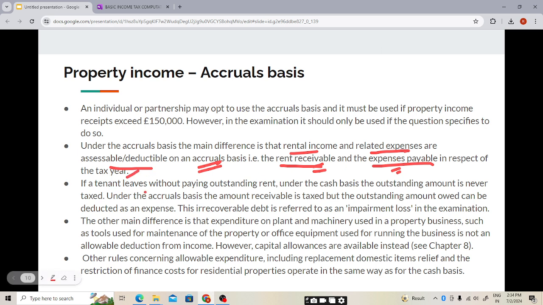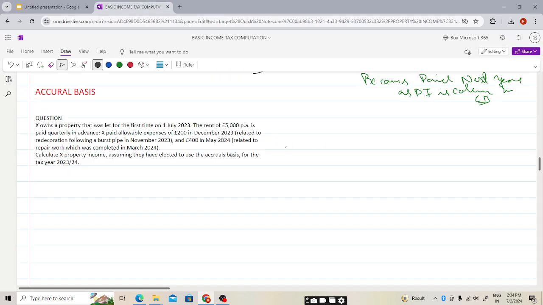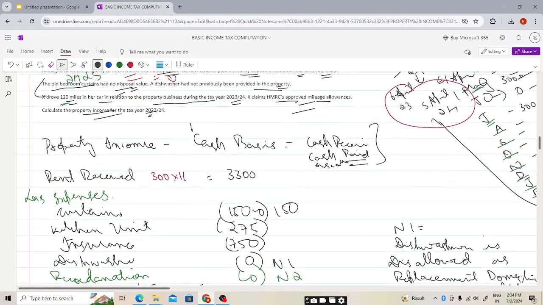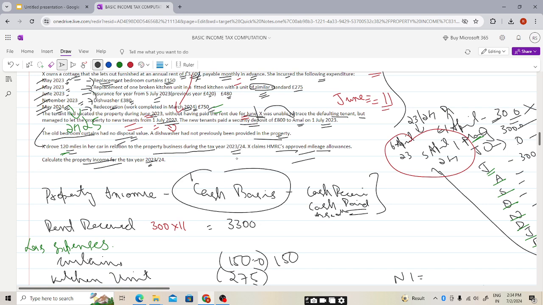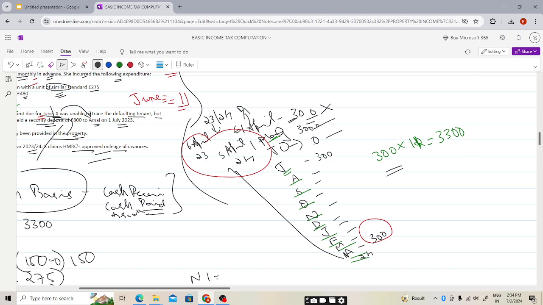If a tenant leaves without paying outstanding rent under the cash basis, the outstanding amount is never taxed. As in the previous example, we calculated under the cash basis, and one month he did not pay, so it is a loss for us, and tax is calculated on 3,300 only.